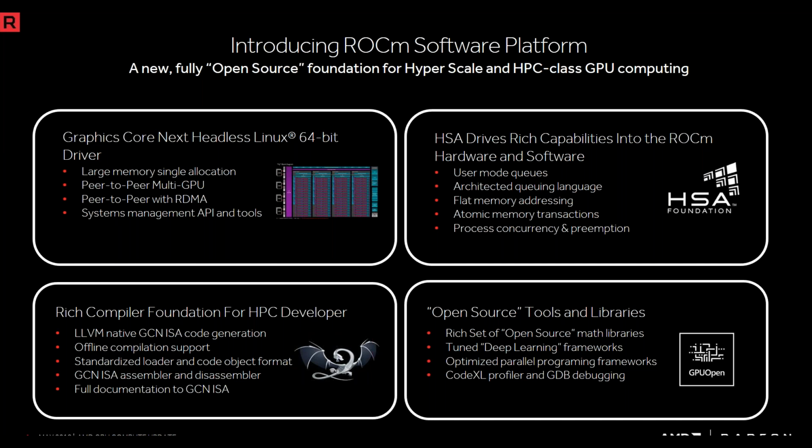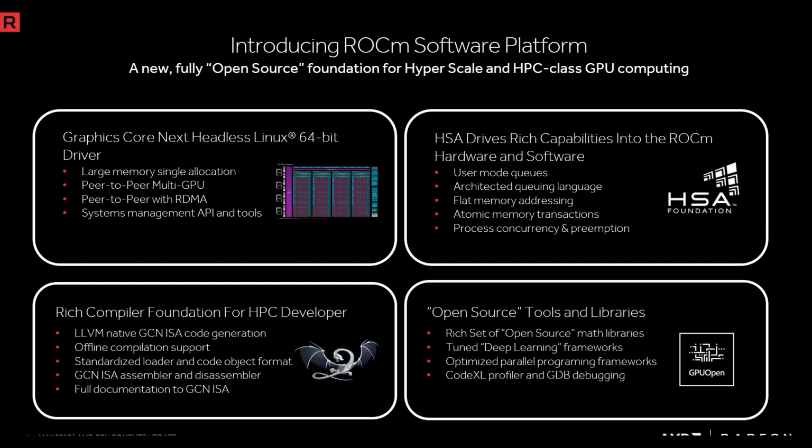We support multi-GPU peer-to-peer communication, which is very essential for deep neural networks when you are trying to do model parallelism or data parallelism. We also support RDMA, which is remote DMA across server nodes. That's again essential for scale-out options: if, let us say, there are 10 servers, each having 2 GPUs, we can do the training in parallel. And we obviously have system management APIs and tools.